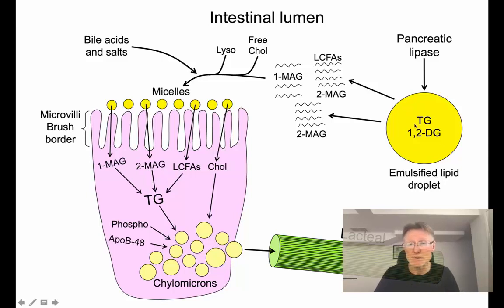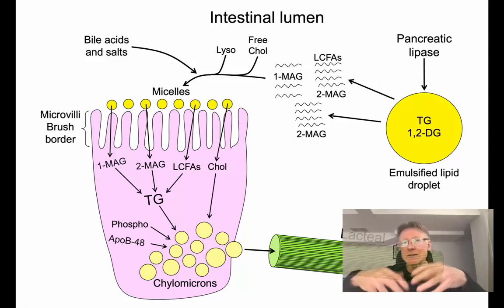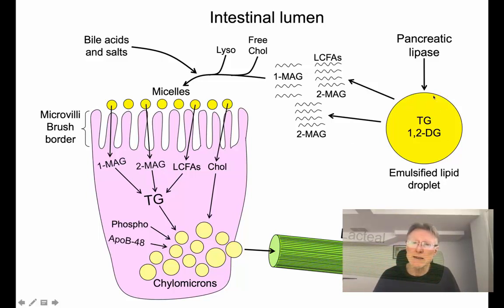So emulsification was important because instead of having one big globule, now you have tiny little ones, and you have a higher surface area, easier access for the pancreatic lipase. So it breaks this down into smaller pieces. You're going to have what we call long chain fatty acids, LCFAs.